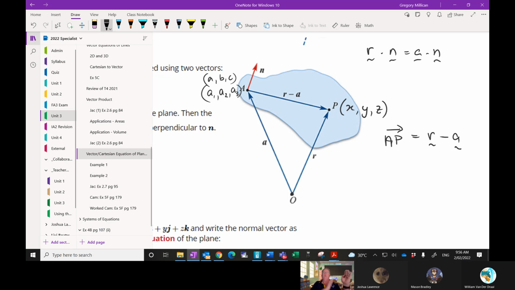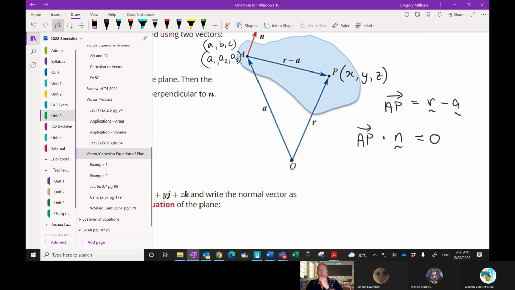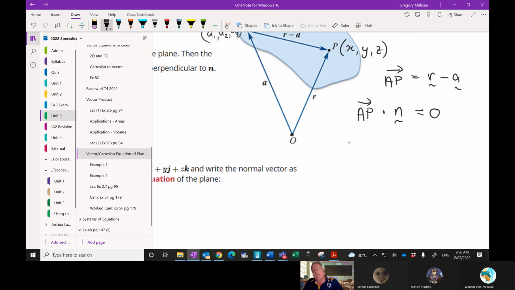So that's something that we know. Therefore, if I find the dot product of AP and this known perpendicular vector, that's equal to 0, because they're perpendicular by definition. We know that AP is r minus a, so (r minus a) dot n equals 0.